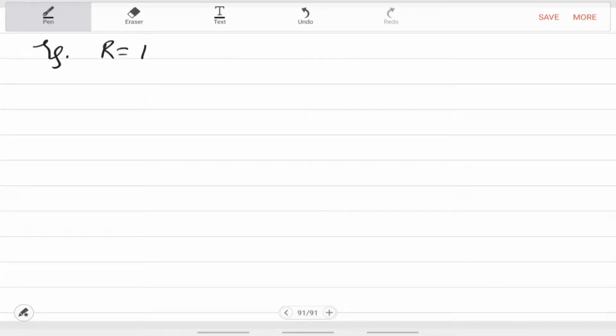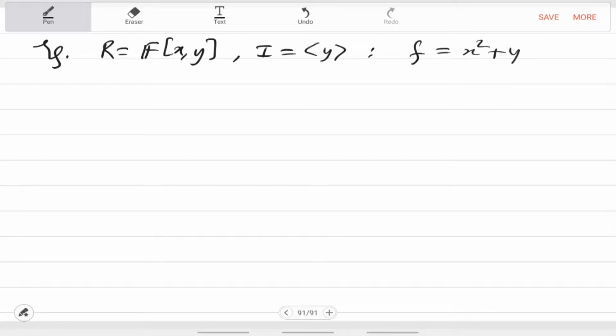So let's see an example for that. The bivariate example with the ideal y. So let's take f to be x square plus y. So mod y, the factorization of this is x times x, which is non coprime. Will that lift?